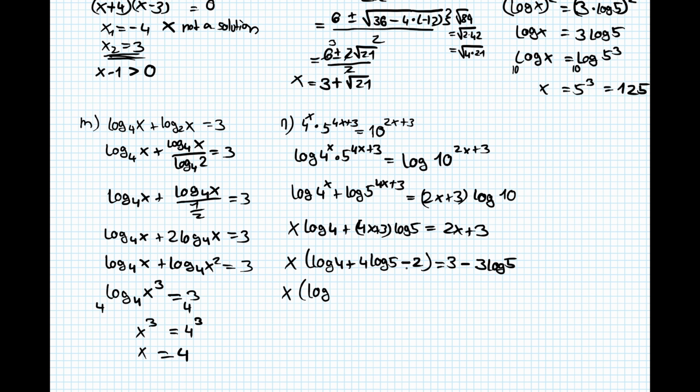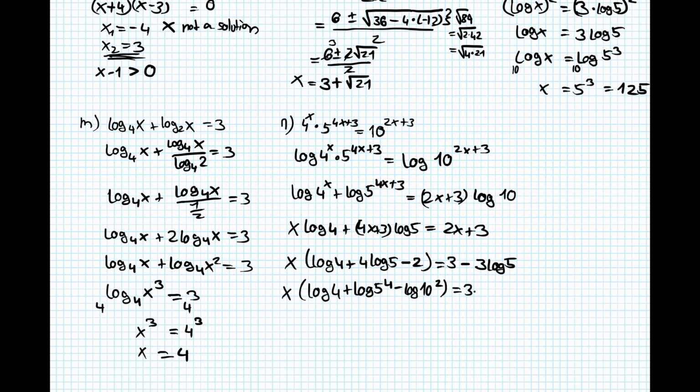Alright, maybe it's easier if we keep our log 10. So let's write it again. Plus log 5 to the power 4 minus log 10 to the power of 2, which is the same as just 2.